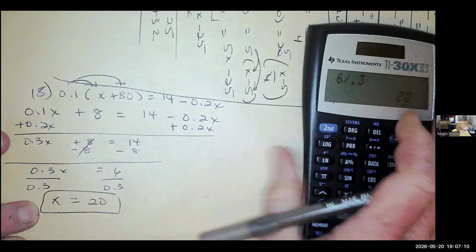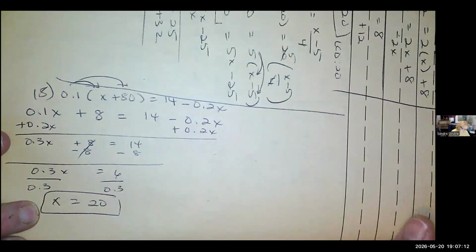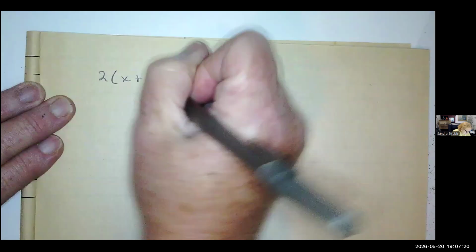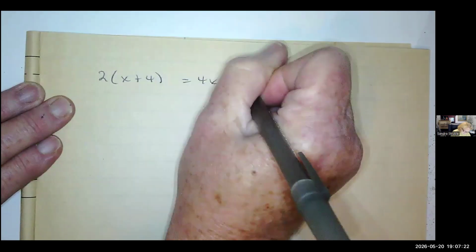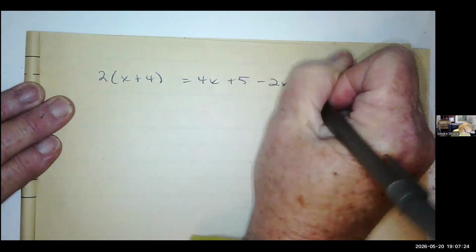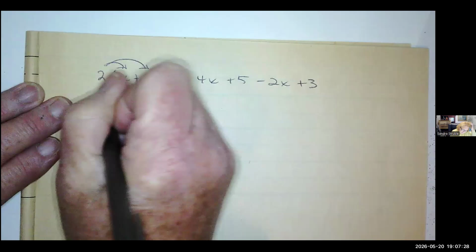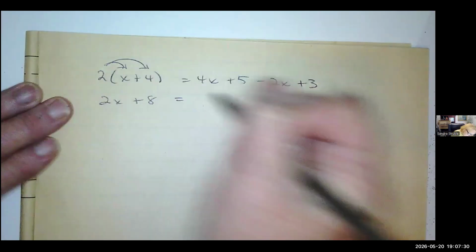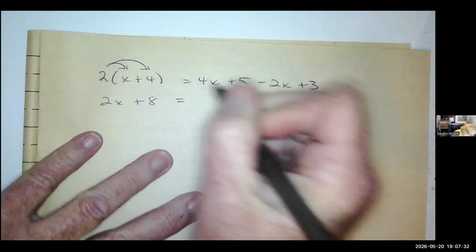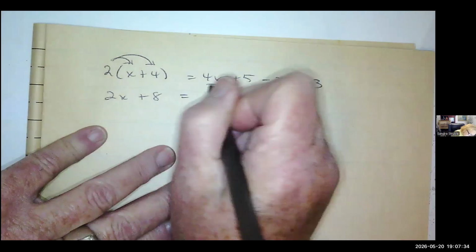Okay, then the last two are those special cases that we did. So we've got 2 times (x plus 4) is 4x plus 5 minus 2x plus 3. Distribute, 2x plus 8. We can do combining like terms over here. 4x minus 2x and 5 plus 3.